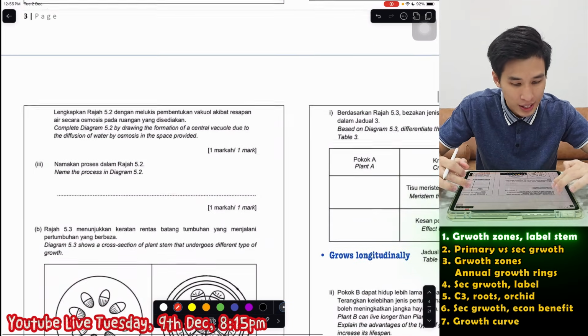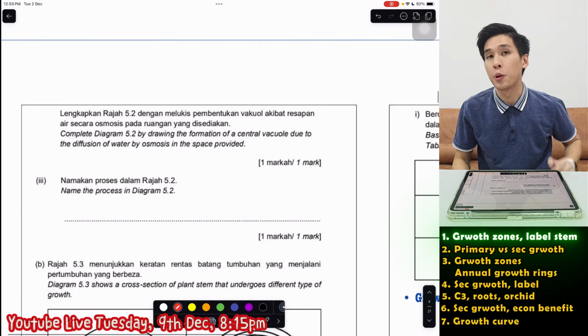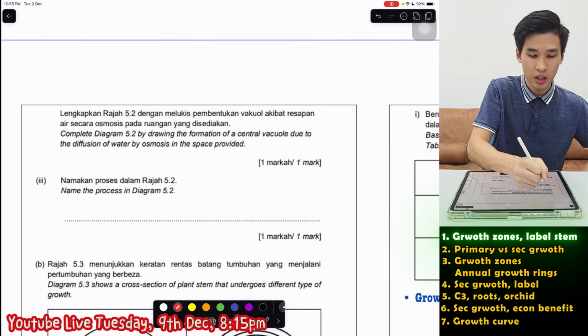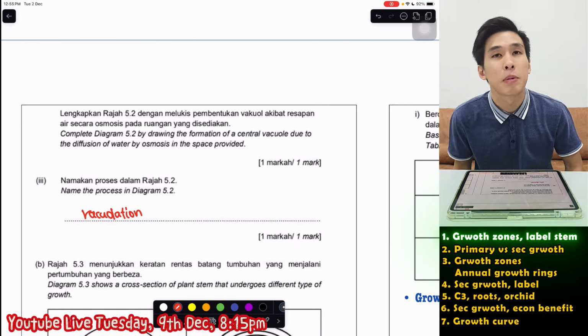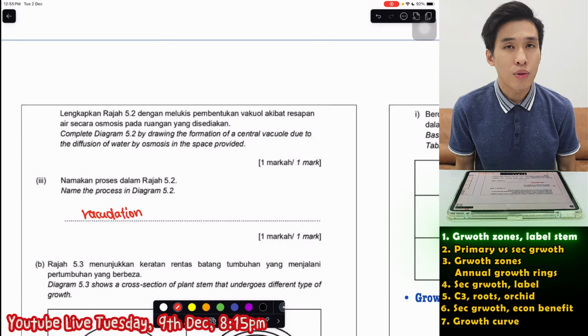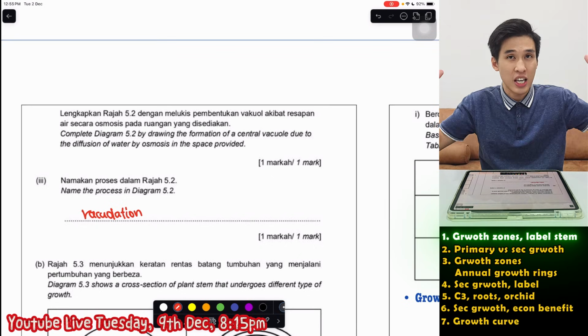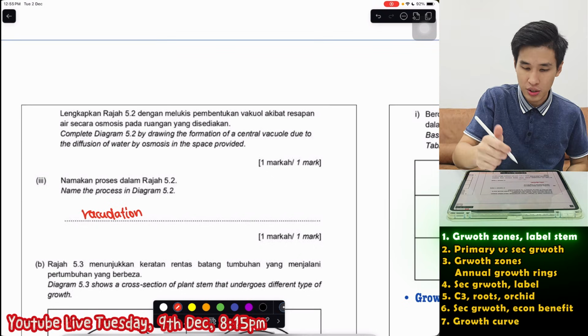Moving on. Yeah, we drew already. Name the process in 5.2. So the process of vacuoles merging, remember, is called vacuolation. Now, if they ask you to explain what happens here, how the cells actually elongate and expand in size, it is by absorbing water. So I just type the answer here.